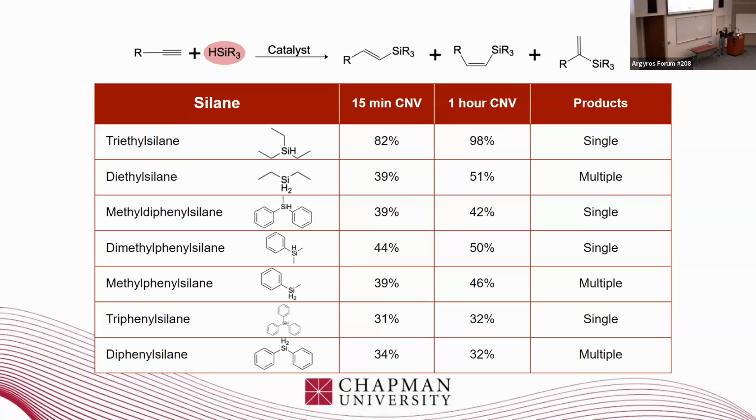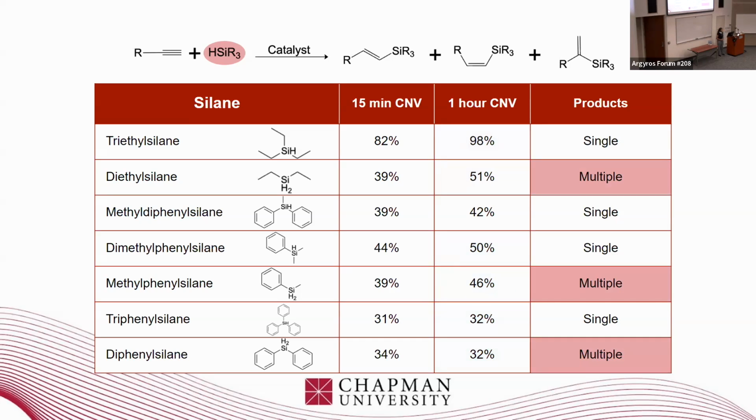So here you'll notice that the larger, bulkier phenylsilanes had lower conversion rates than smaller ones. Then secondary silanes also had lower conversion rates than their tertiary counterparts. And secondary silanes are silanes that have 2 hydrogens on them instead of 1. Tertiary silanes are the silanes that have 1 hydrogen.